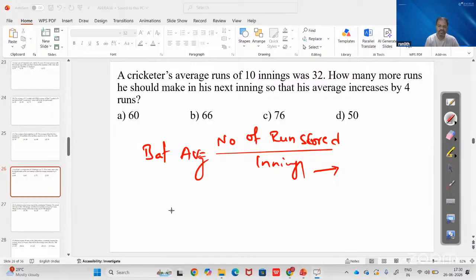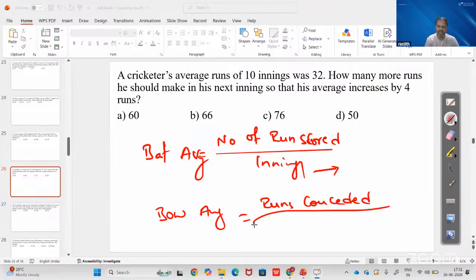Bowling average will be equal to number of runs conceded by number of wickets.